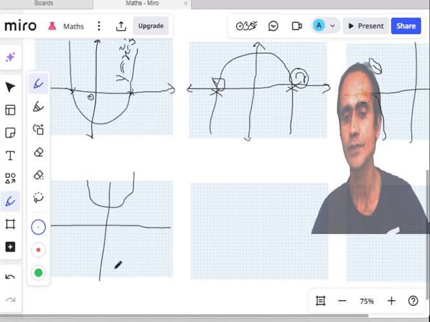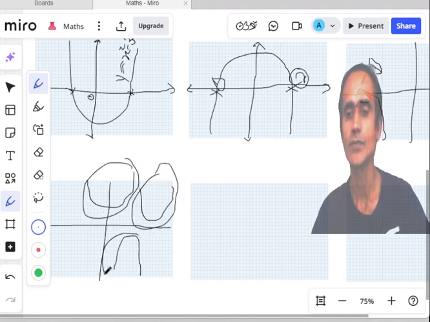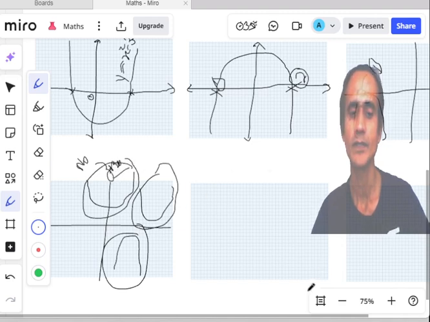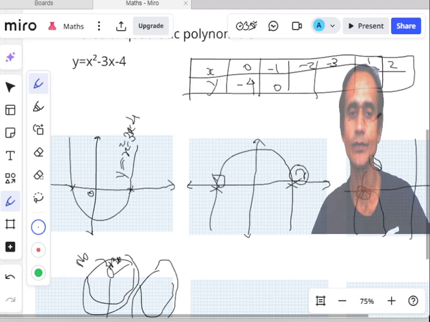It can be like this, or it can be like this, or it can be like this. So all these parabolas which represent different quadratic equations will not have any zero. No zero. Here we have 1 zero only.